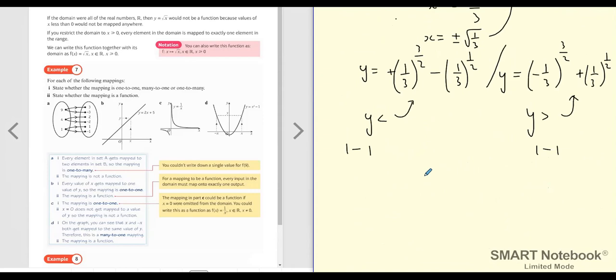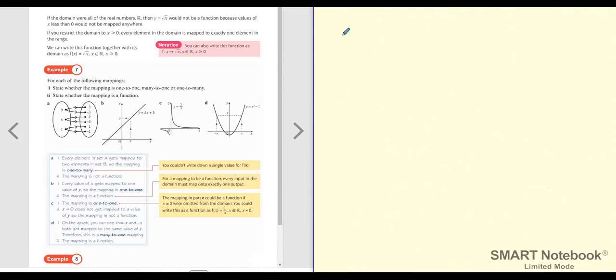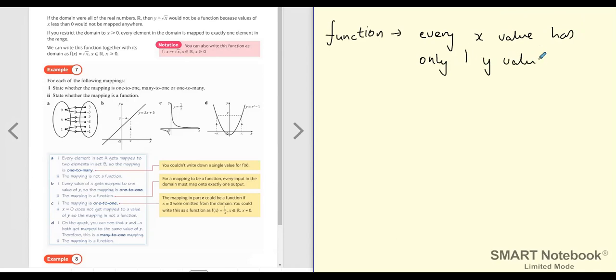All right, next thing that I'm going to look at is the definition of functions. A function is something where every x value has one y value only. Has only one y value.